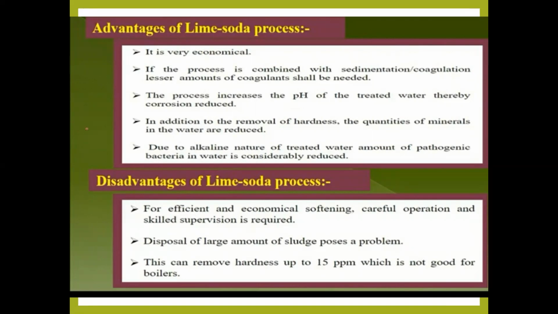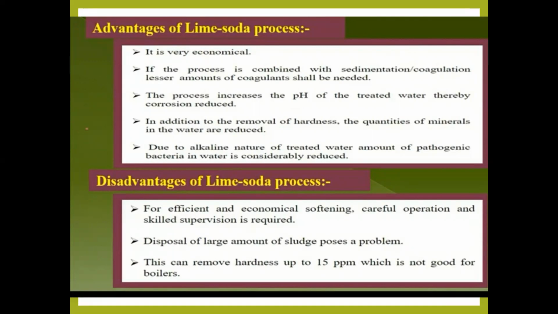In addition to removing hardness, the mineral content of the water is reduced, because when we remove the hardness, some minerals also get removed. Due to the alkaline nature of the treated water, the amount of pathogenic bacteria in the water is considerably reduced. So these are all advantages of the lime soda process.